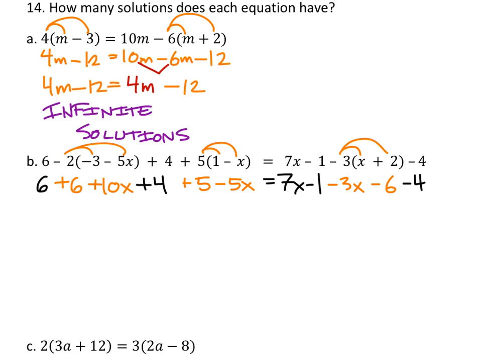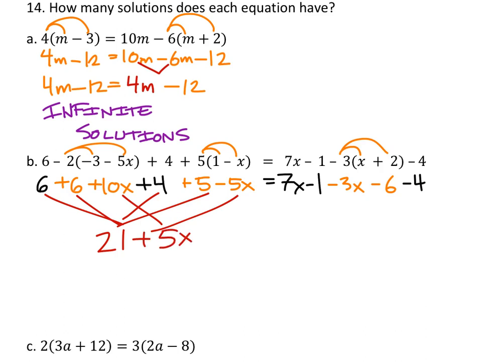And we'll just simplify this a little bit further. Combining like terms, I've got 6, 6, 4, and 5, which appears to be 21 positive. Then I've also got this 10x and the negative 5x, which would be a positive 5x.